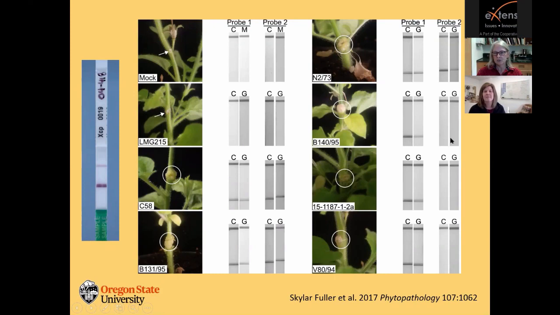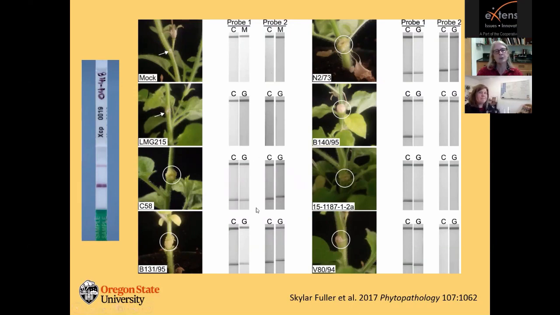What this is showing here is that there was a difference in the ability to detect different isolates or different strains of the bacteria between the two probes. So probe 1 was more capable of detecting a wider range of strains than probe 2.